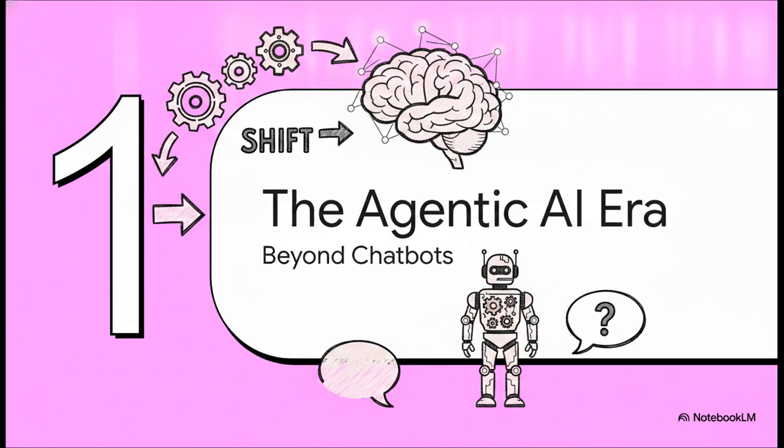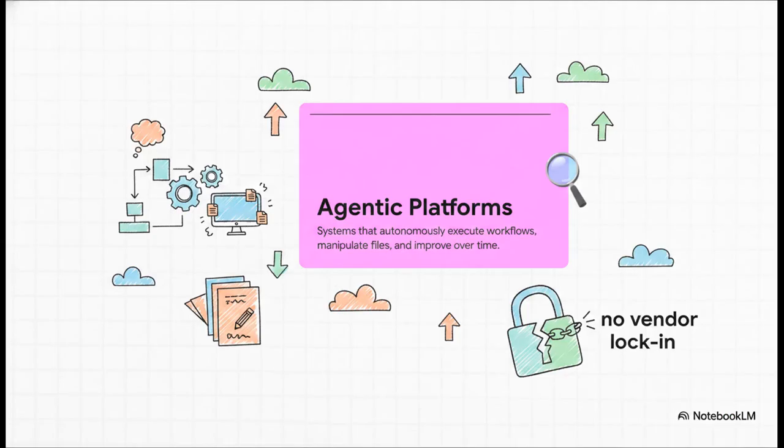Moving beyond chatbots, because honestly, chatbots were really just the tip of the iceberg. Up until now, we're all pretty used to opening a browser tab, asking a chatbot a quick question, getting an answer, and moving on. Agentic platforms, though, things like Claude Code, they do something entirely different. They are systems that autonomously execute entire multi-step workflows.